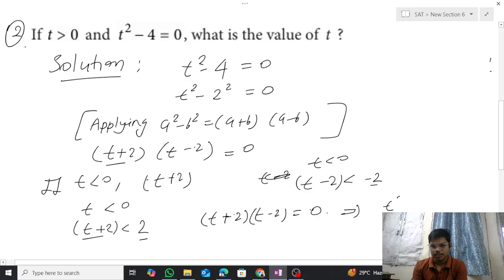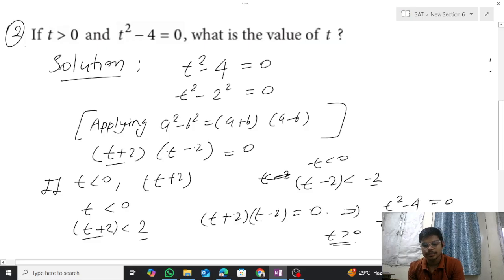So t square minus 4 is equal to 0, that is given in the question. T square is equal to 4. Now we are given that t is positive. If t is positive, what is the condition of t?